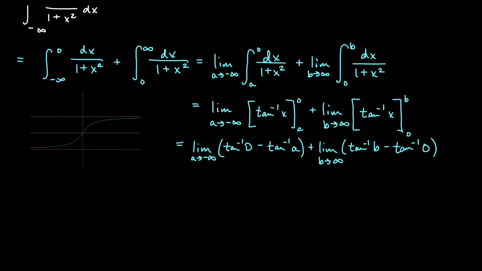Okay, so let's use our graph here to hopefully tell us what's going on. So first, the inverse tan of 0 has nothing to do with our limit here because there is no a. So the inverse tangent of 0 is actually 0. So we get 0 there. Minus, and then the inverse tangent of a.